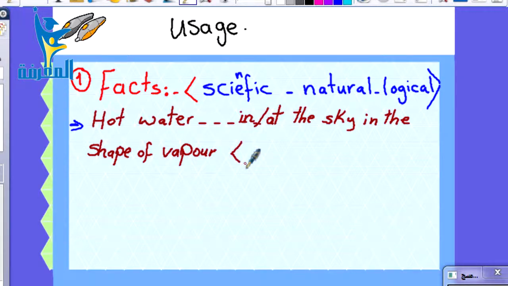We have choices like rise, rose, or rises.